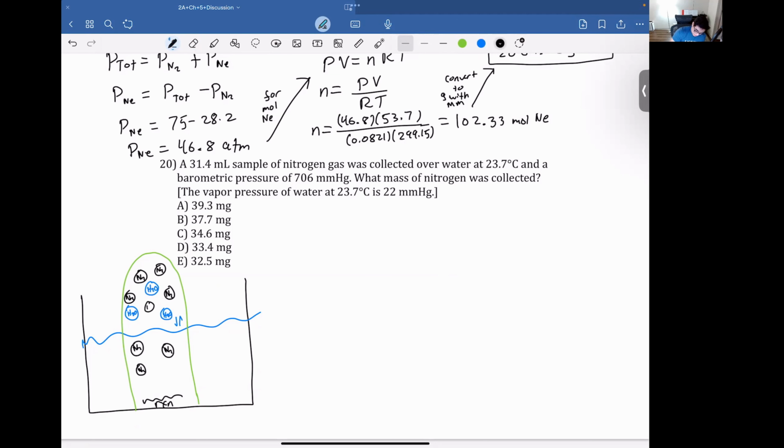And now what you're doing is measuring the pressure. So there's a barometer, and it measures pressure. So that's the experimental setup, right? It's measuring the pressure inside.